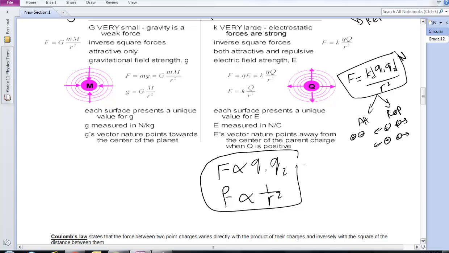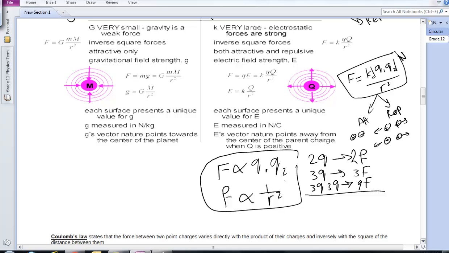So let's say that if Q1 is doubled, what happens to the F? If one of the Q's is doubled, F will also be doubled. If the Q is tripled, the F will be tripled. If both Q's are tripled, for example, this would be 9 times. Okay, so this is the relationship. It's a direct relationship.